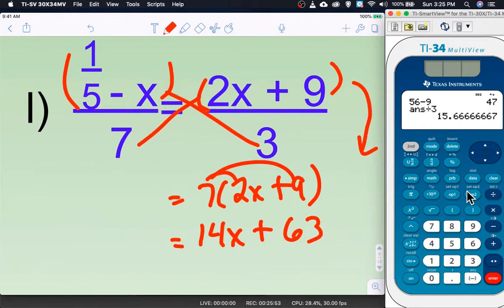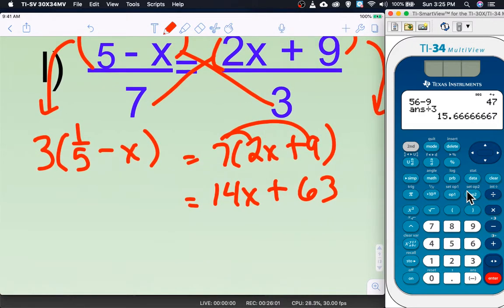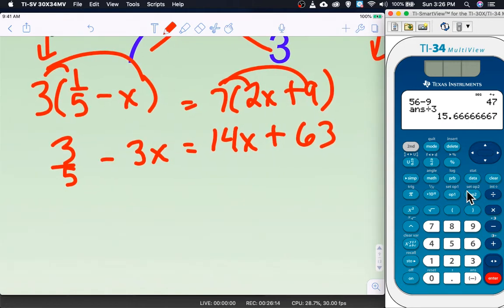On the left-hand side, we're going to take the 3 times 1/5 minus x, which is going to give us 3/5 minus 3x. So now we have an equation we solve.